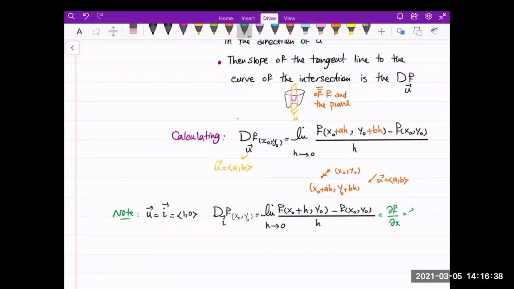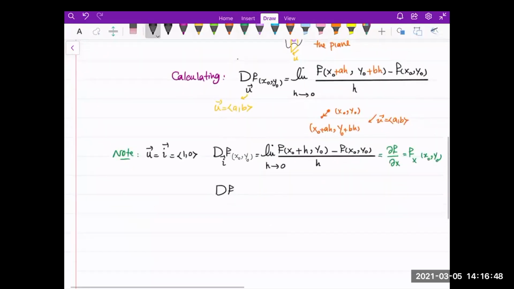That was another notation for f_x at the point x naught, y naught. And with the same idea, the directional derivative of f in the direction of j at the point x naught, y naught is basically the partial derivative with respect to y at x naught, y naught.